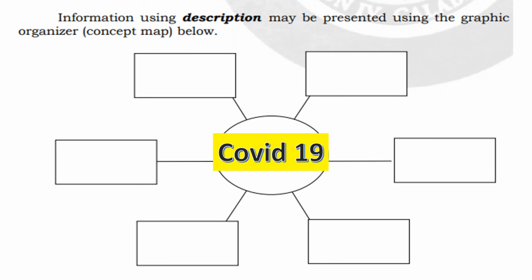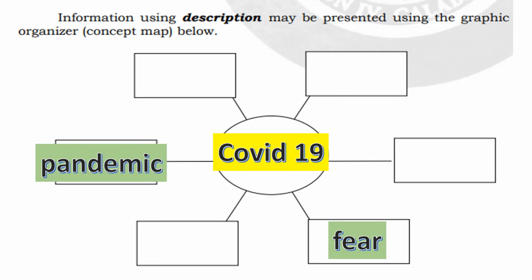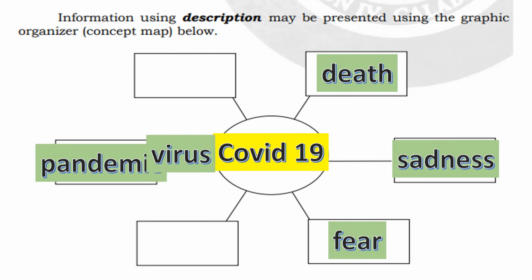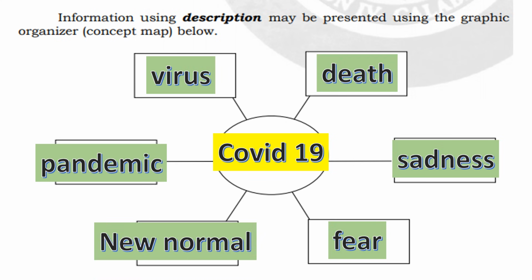Let's start with the first one. This is pandemic. You can say fear, sadness, death, virus, and new normal. So you can come up with your own examples. Just think of any topic that you can use and try to make some examples or any characteristic of that topic. I know you can do it.